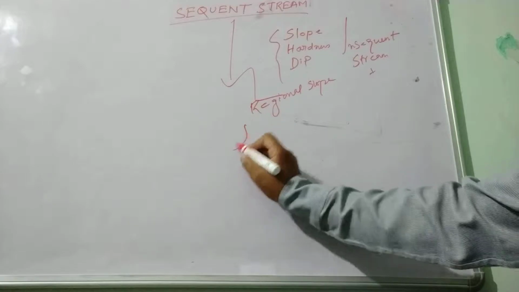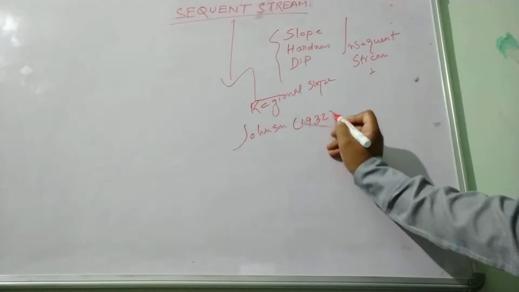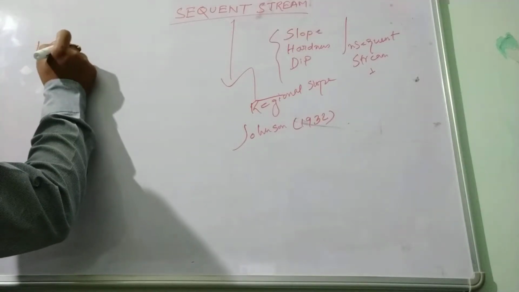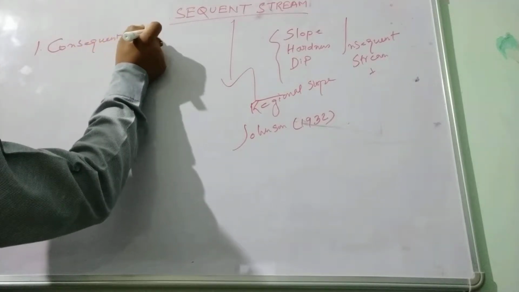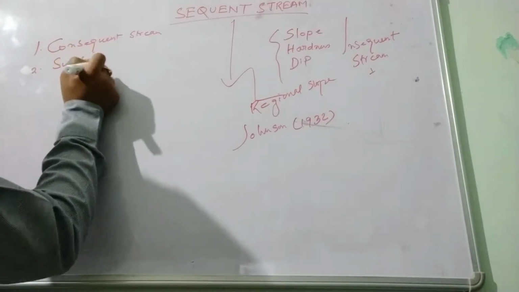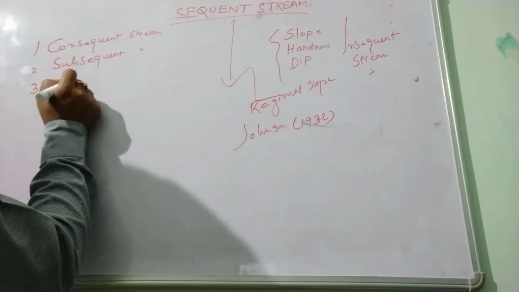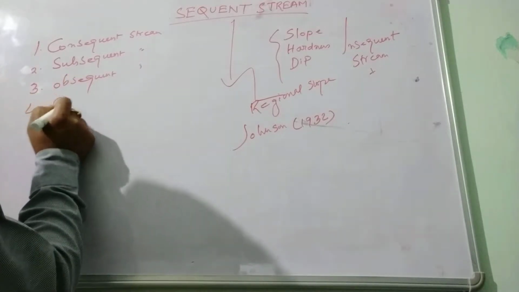Johnson in 1932 classified the sequent stream into four important categories: consequent stream, subsequent stream, obsequent stream, and resequent stream.